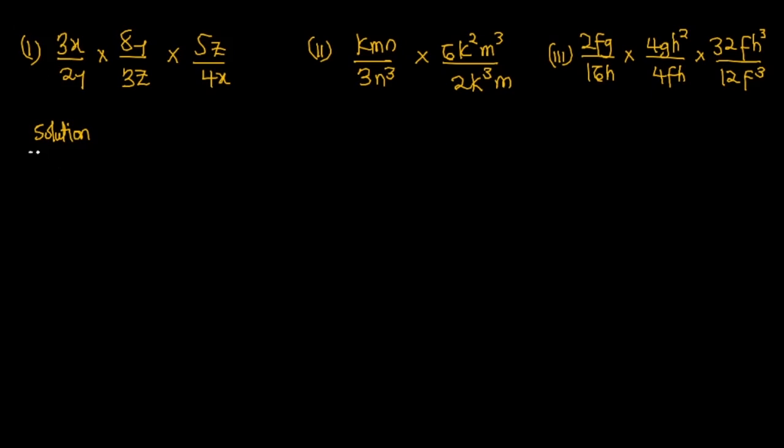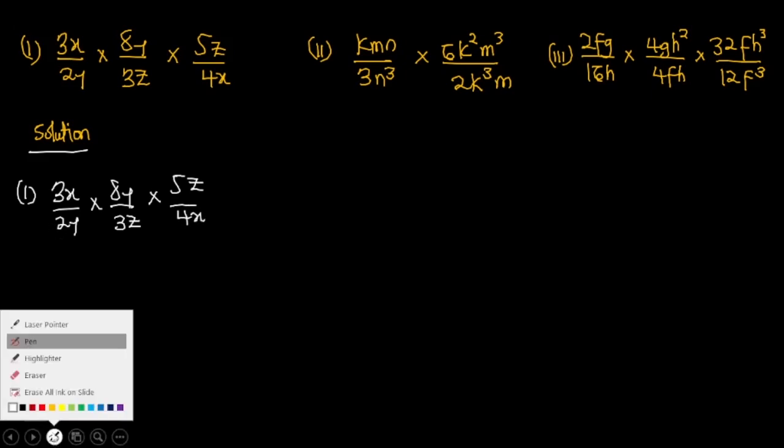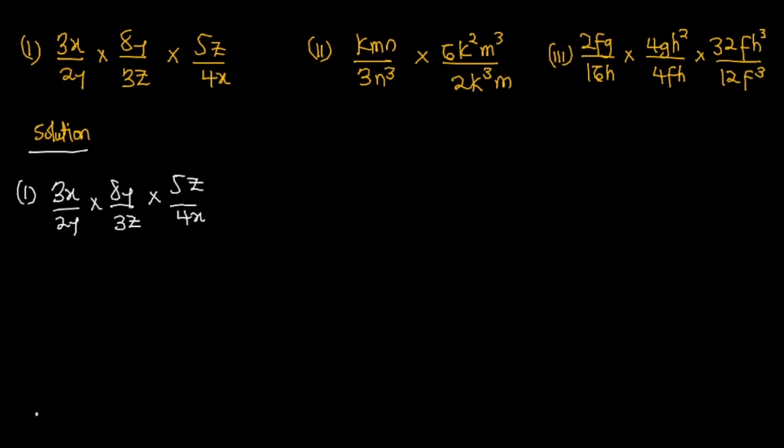Alright, so let's go ahead and tackle the first one. So for the first one, the expression is 3x on 2y multiplied by 8y on 3z multiplied by 5z on 4x. Now straight ahead, we can cancel some things out, some numbers, some variables that are common.